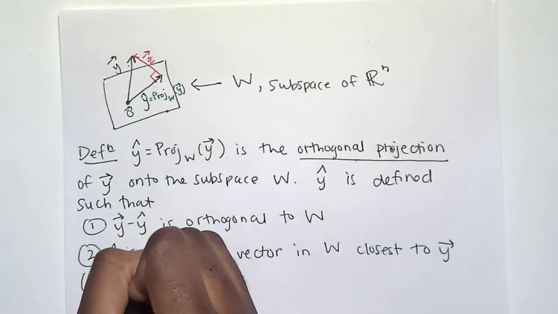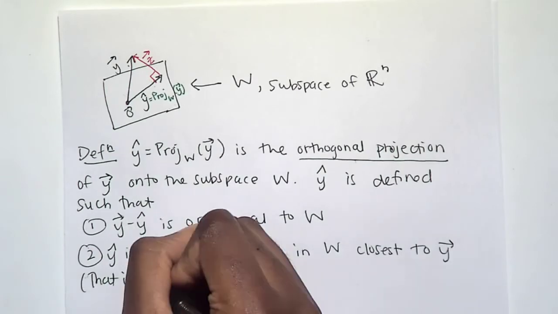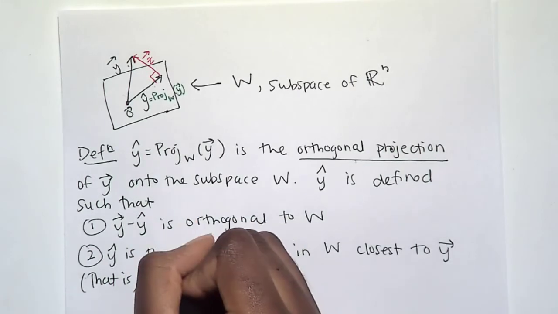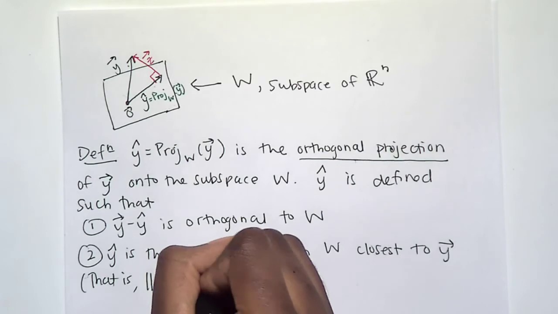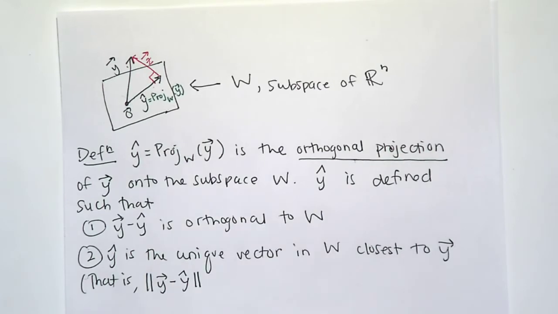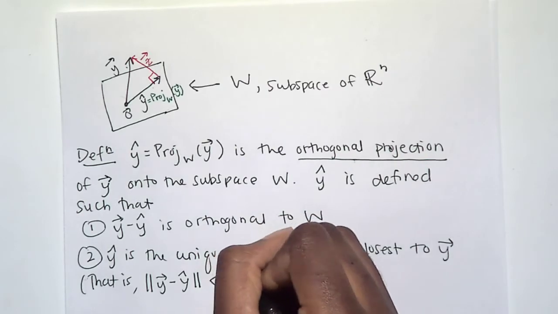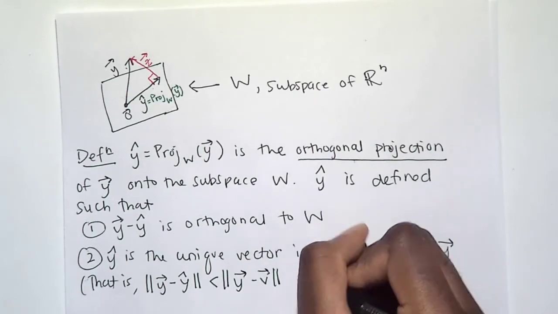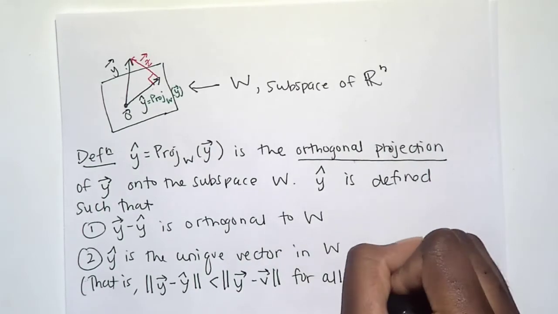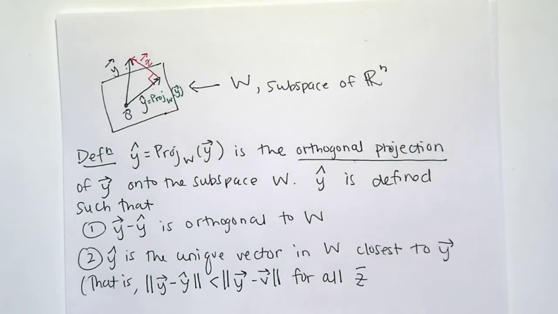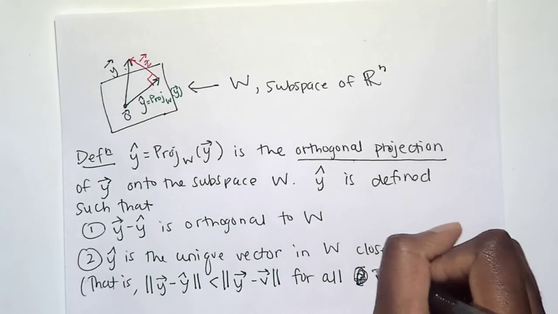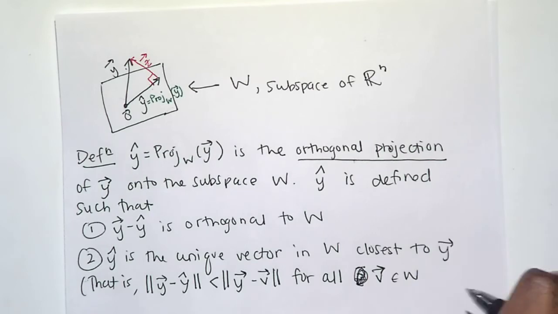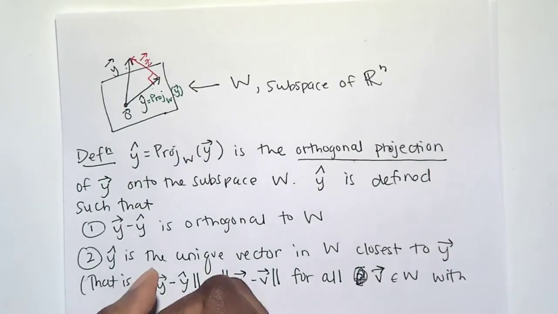That is, if you take the norm of y minus y hat, which is our z in that picture, that's always going to be less than the norm of y minus v, for all v in W with v not equal to y hat.